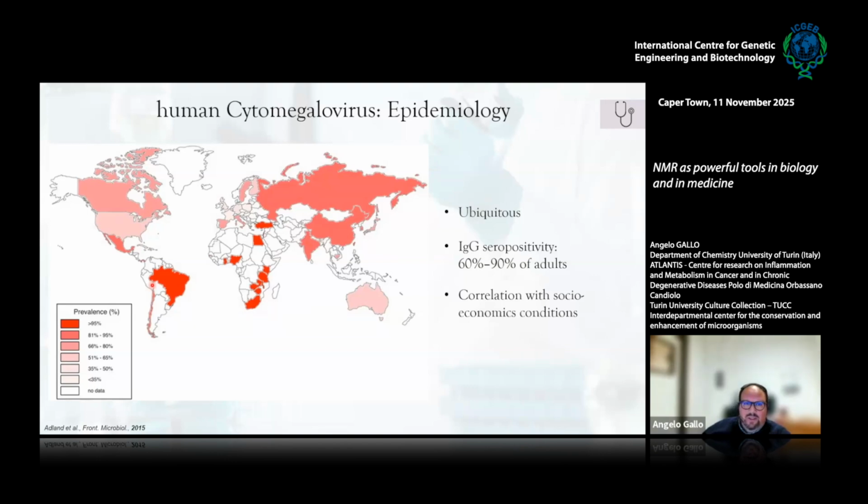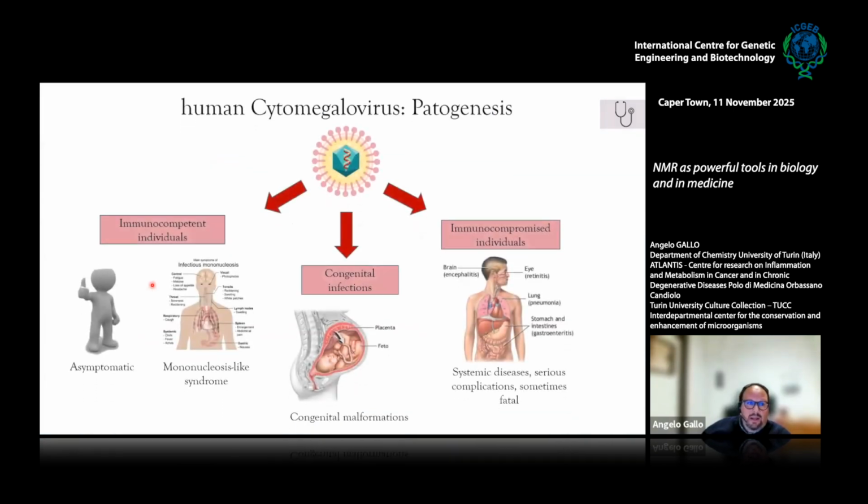What is this virus doing? In immunocompetent individuals, most likely it's asymptomatic, or a mononucleosis-like syndrome. In the case of immunocompromised individuals, systemic disease, serious complications, sometimes fatal: brain, such as encephalitis, retinitis, lung pneumonia, and so on.